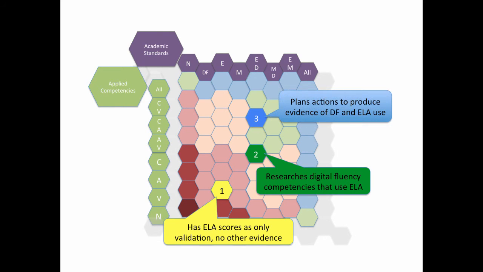And at the last stage, have already produced actions to generate the evidence of their ability to marry the DF, the digital fluency, and the ELA. Now, it would be interesting to know whether this happened over the course of a week, or one project, or two projects. That's what the Learning Matrix will allow us to do.